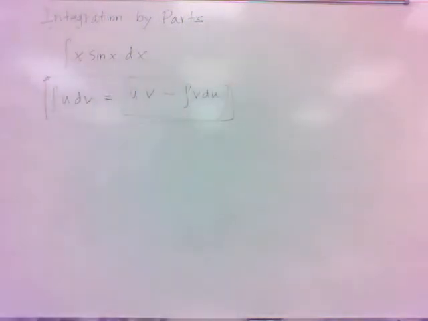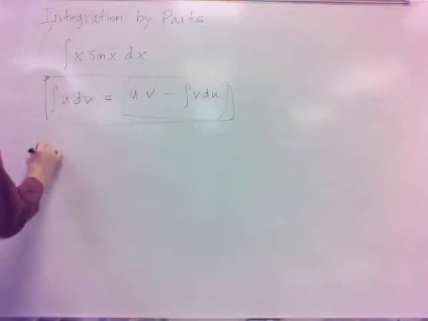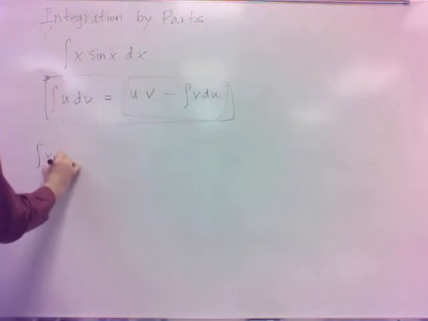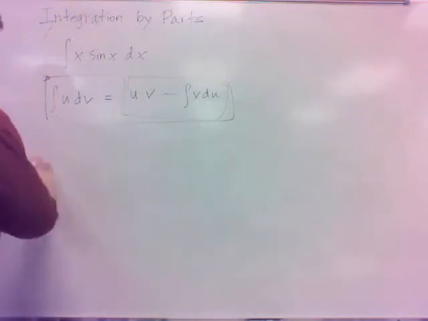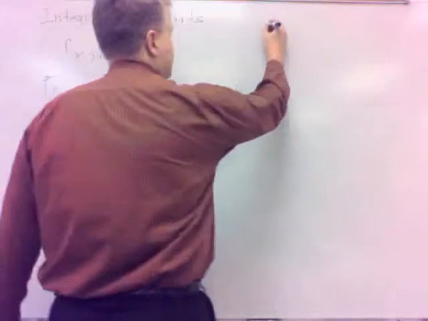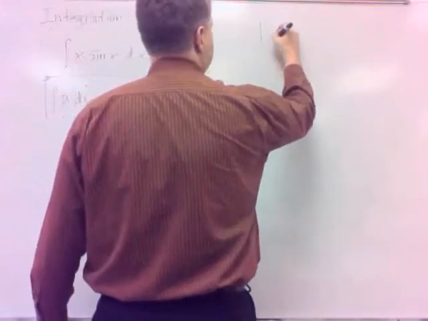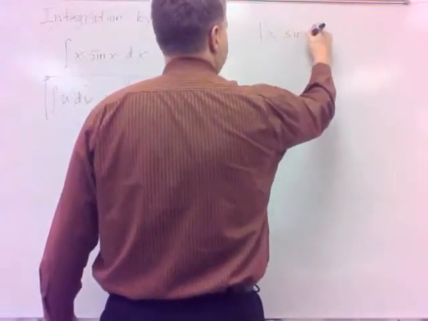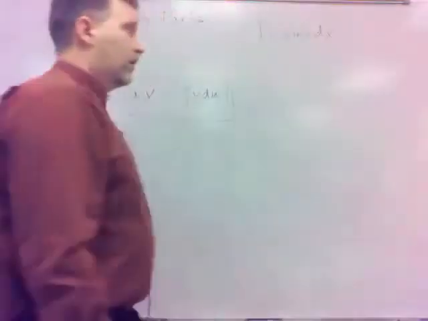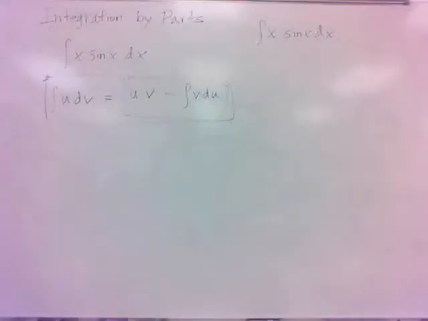Because what we're going to do is take this integral of x sine of x dx. Let's go over here so I can have a little more space to finish this out. If we're going to use integration by parts, I'm going to pick part of that to be u, and then the rest of it's going to be dv.